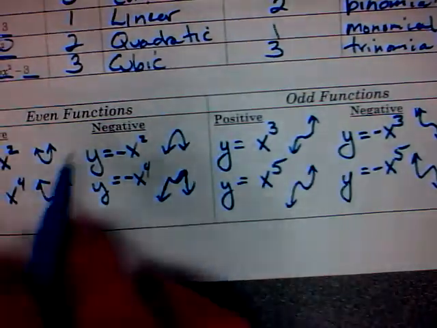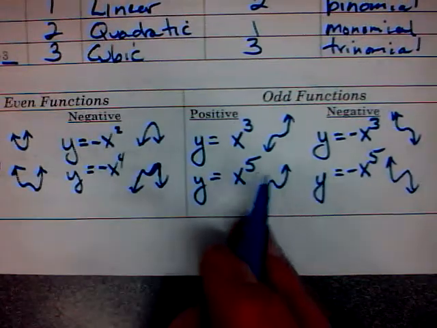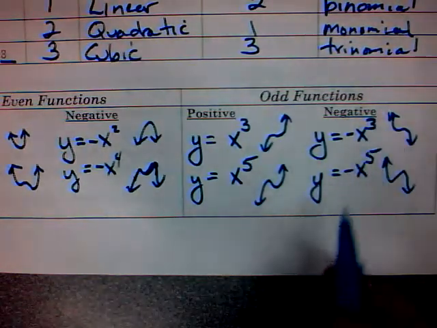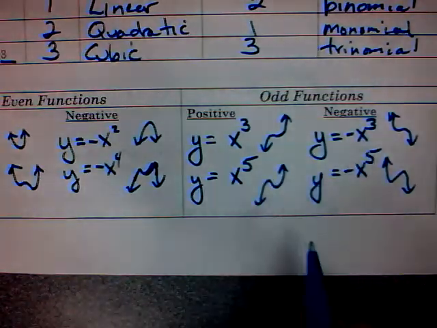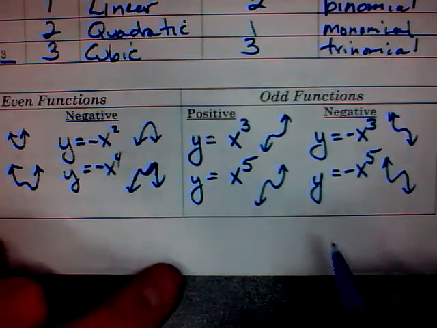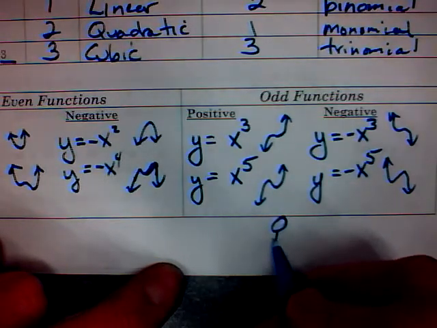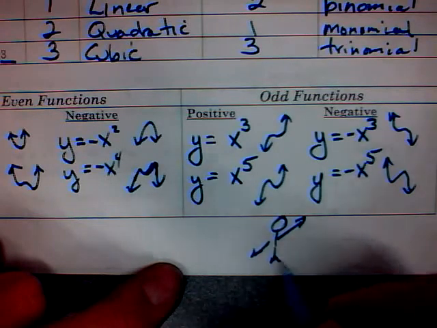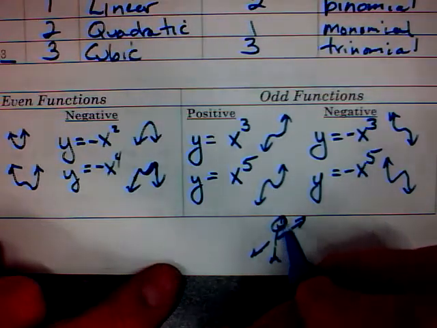So even functions go up, up, or down, down. Odd functions go down, up, or up to down. Okay, and I normally remember the odd functions because of the 70s. In the 70s, the people that danced, their arms used to go up and down, and they used to dance like that.